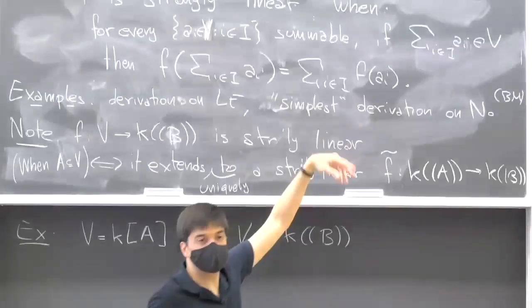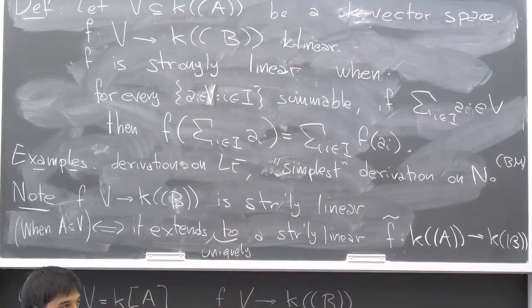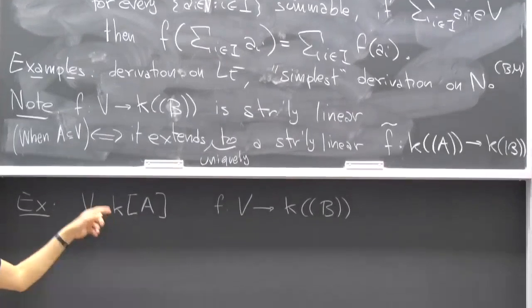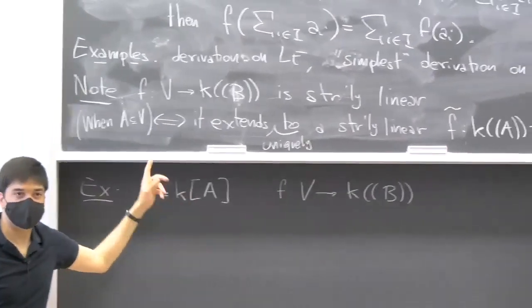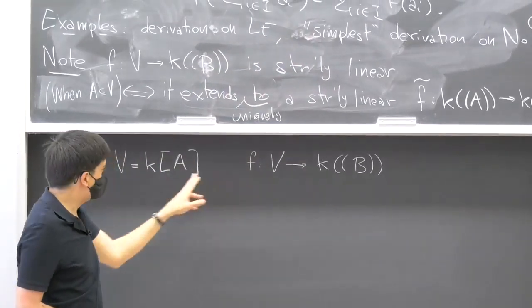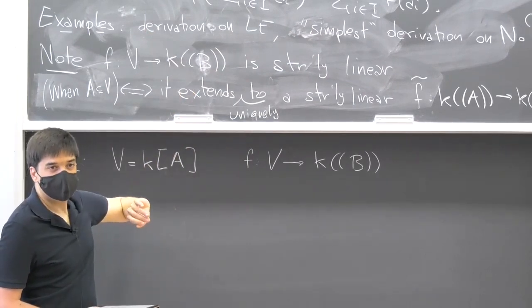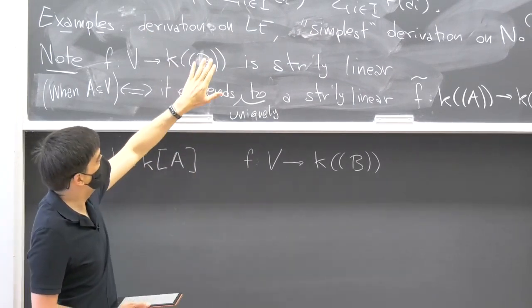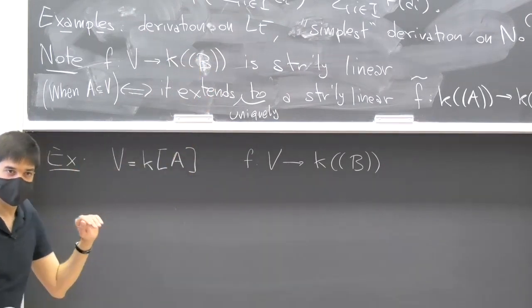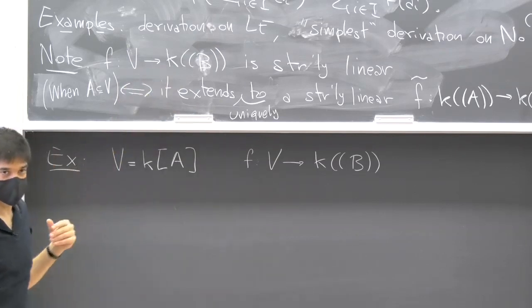You start with some arbitrary, complicated, infinite family and infinite sum. Then you take the same sum with a minus in front of it. You make a huge summable family, and the sum is zero. And zero is in V. So the definition tells me I must still be able to make sense of this stuff. So the fact that V is small basically has no bearing; it doesn't make things easier. Being strongly linear really means you're actually coming from a function on the entire Ka.